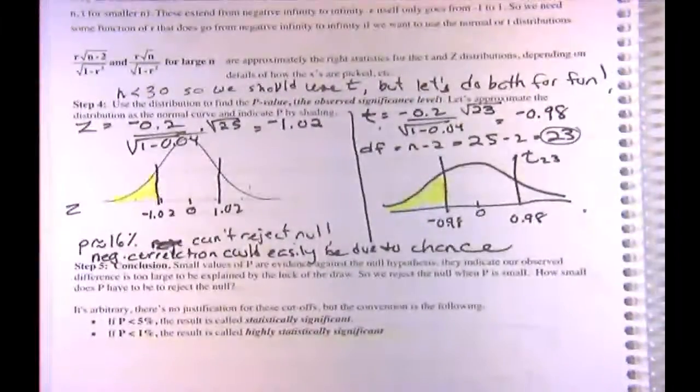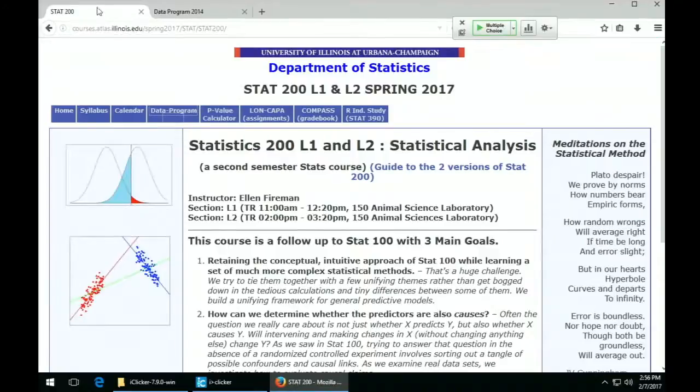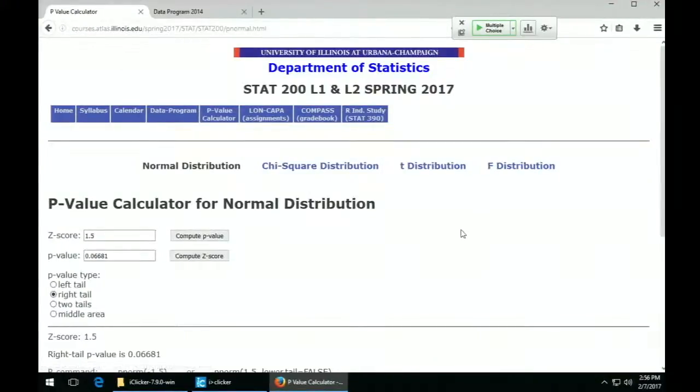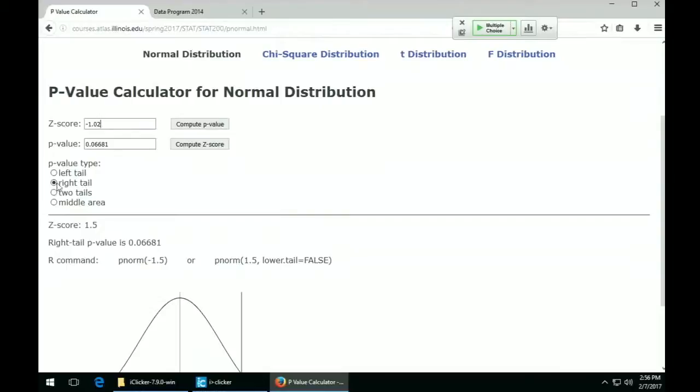I don't know if you've used this, but let's go here to our PC. And here's our calculator. So we might as well get both of them. We can do the normal distribution. So our value for the normal distribution was negative 1.02, and we wanted the left-hand tail.